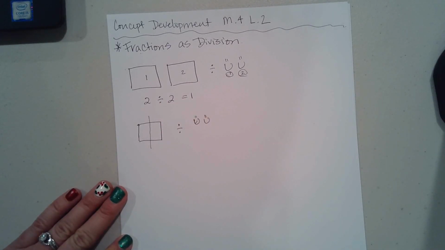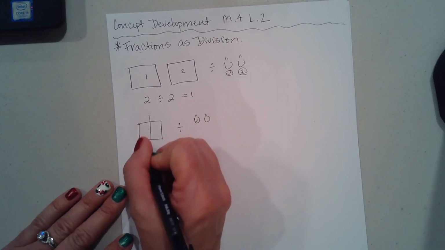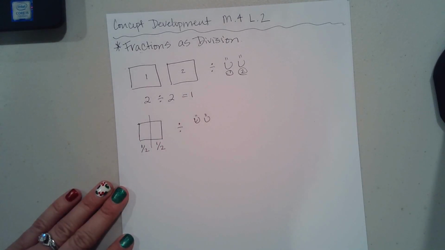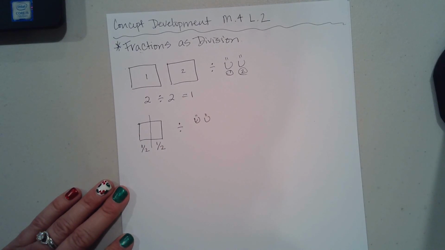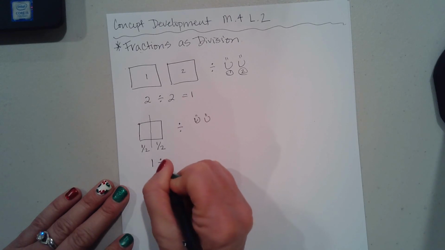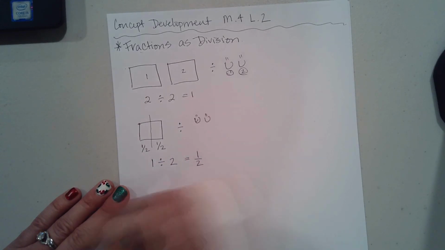So I'm going to cut it into halves. So now each person's going to get what? A half of a cracker, right? And a half makes a whole. So 1 divided by 2 is equal to 1 half.